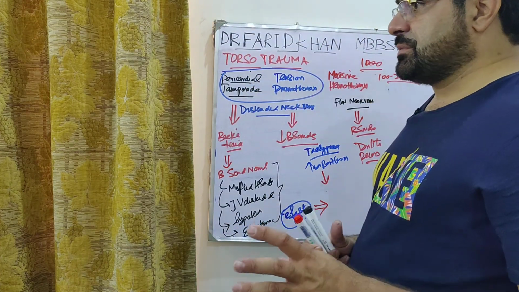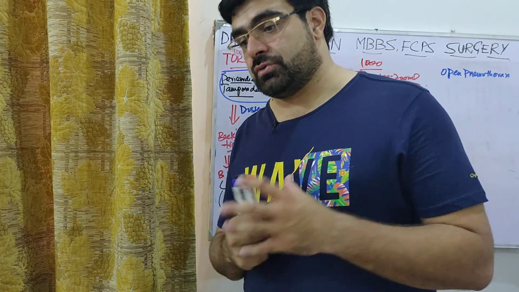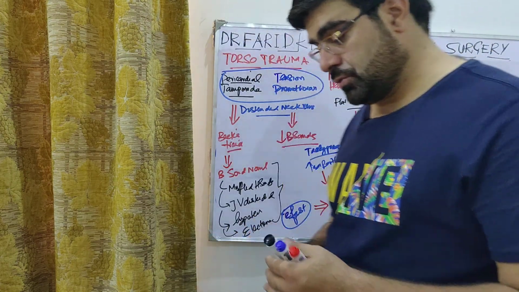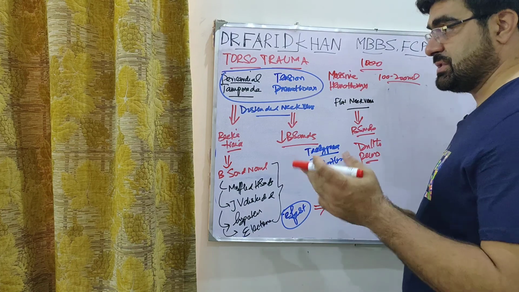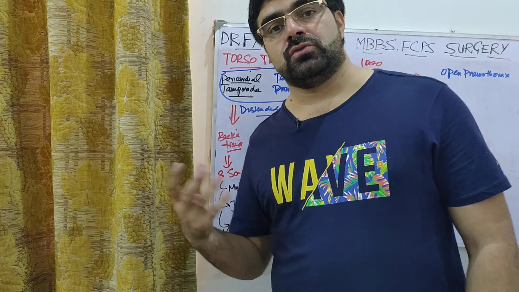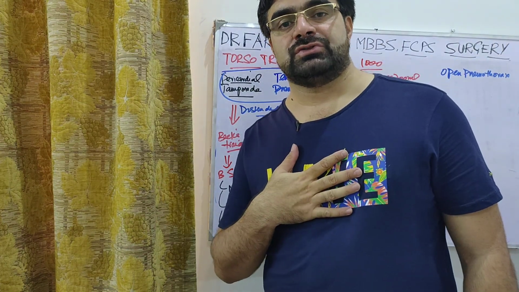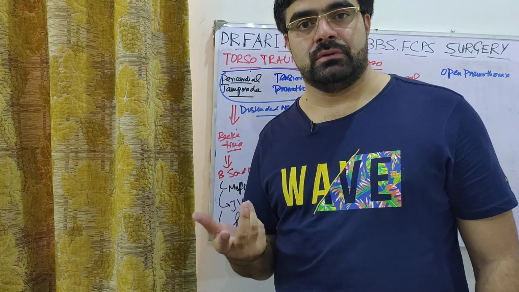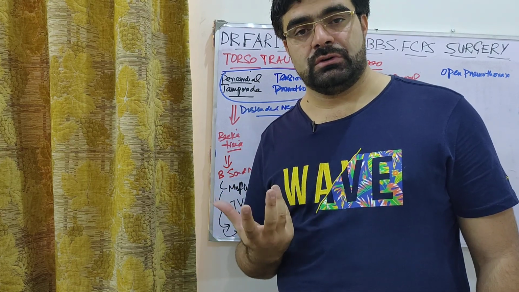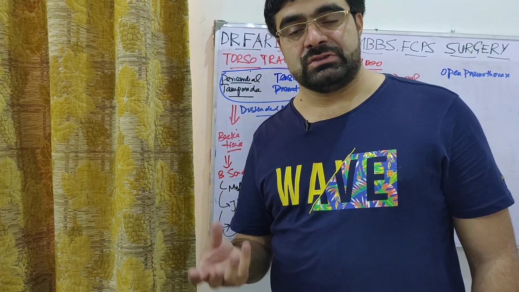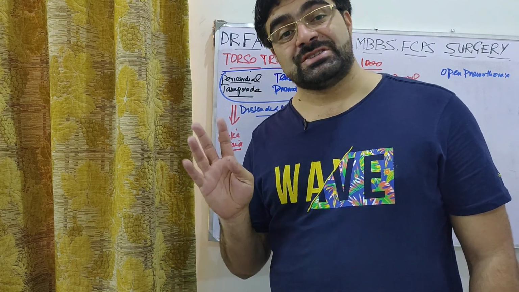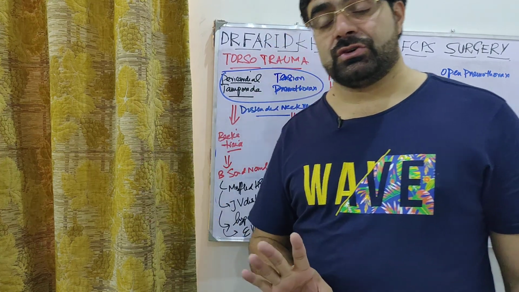After getting some time, relieving pressure on the heart, you have two options. If the patient is stable, go straight away for sternotomy, repair of the damage to the heart. Sternotomy is the option if the patient is stable.